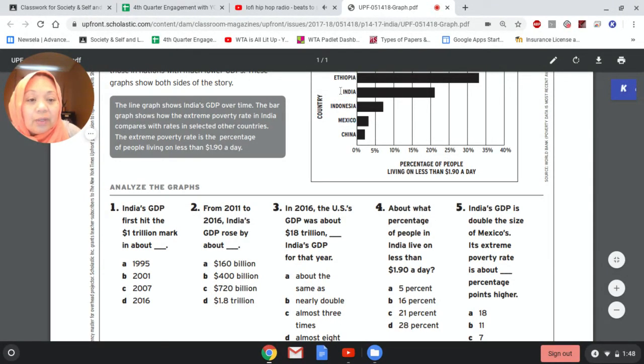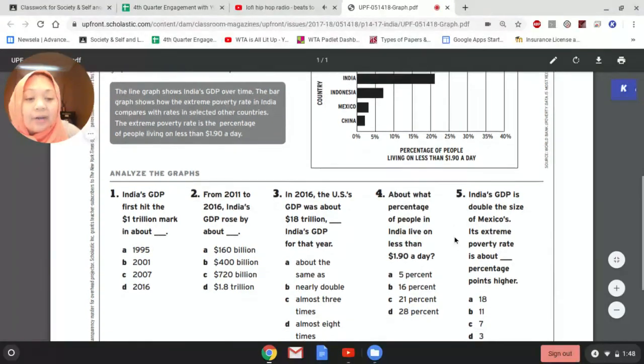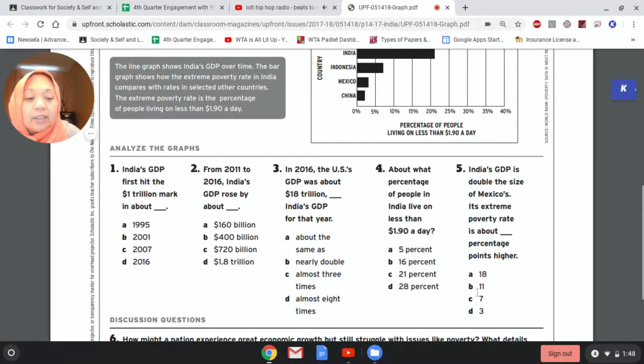Their GDP is double the size of Mexico's, but if you compare India's poverty rate versus Mexico's poverty rate, it's asking what percentage point is it higher? Is it A, 18%? Is it B, 11%? Is it C, 7%? Or is it D, 3%?